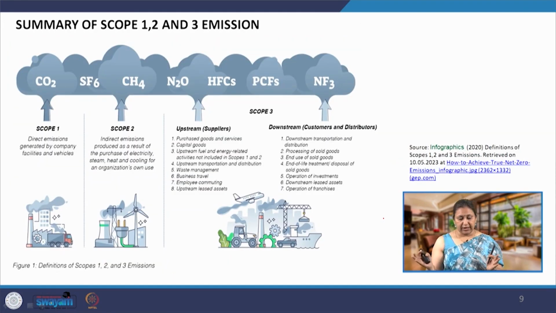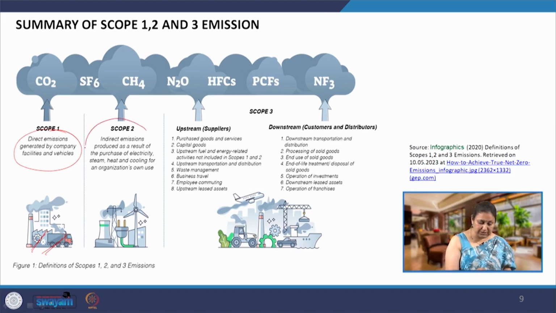So, if we put it all together, to just reiterate, scope 1, we are talking about direct emissions generated by the company facilities and vehicles. Here we are talking about all the processes, all the industrial units are going to be part of the scope 1 emission. The scope 2 emission is the indirect emission produced as a result of the purchase of electricity, heating or cooling for an organization's use.